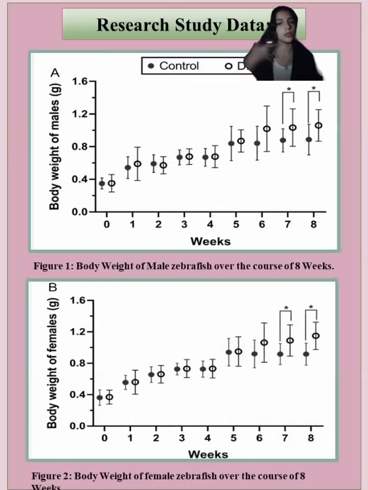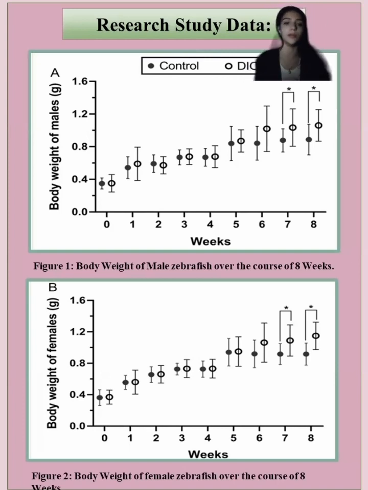As you can see here, this is the data that the researchers collected in the study, and figure one displays the body weight of the male zebrafish over the course of 8 weeks. Here the control group is displayed in black and the overnutrition group in white. And you can see a lot of difference between the control group and the overnutrition group, not only in figure one, but also in figure two, which is the body weight of the female zebrafish.